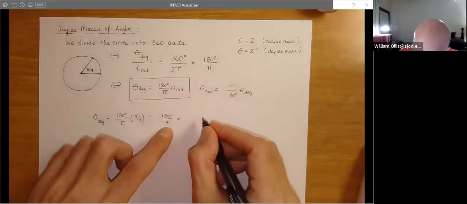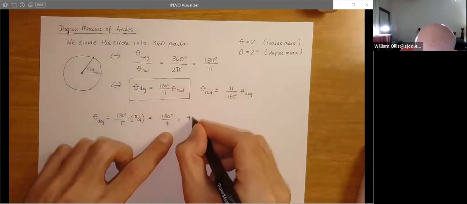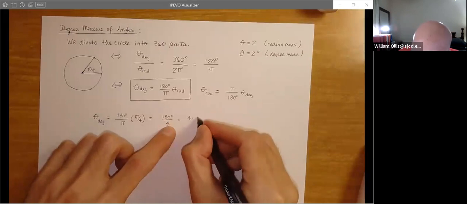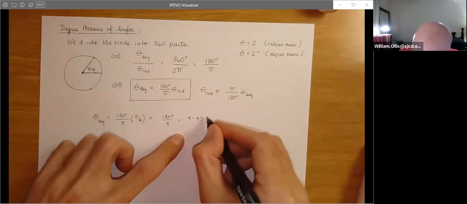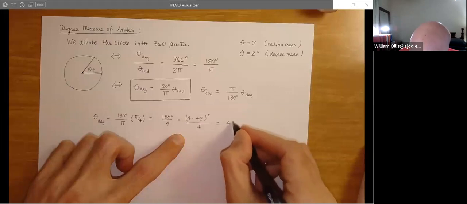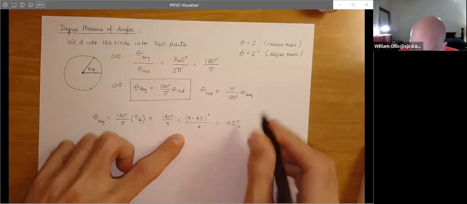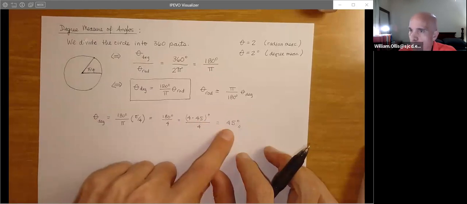But now if you look at this, and this is easy to do, we can divide by 4. So 4 will go into 18 4 times, and then, of course, we have a 20, so that gives us a 5. So we've got this many degrees, divide by 4, and that leaves 45 degrees. So again, if you don't want to tag the little degree symbol along the whole way, that's fine.